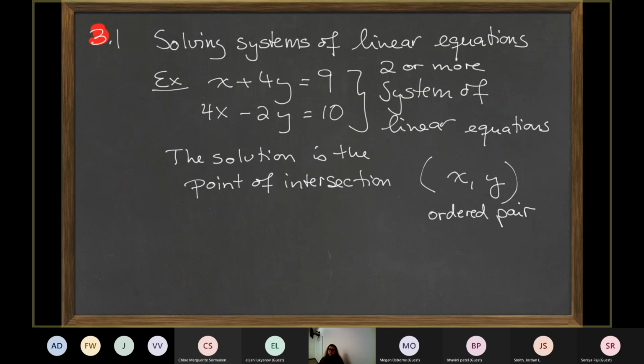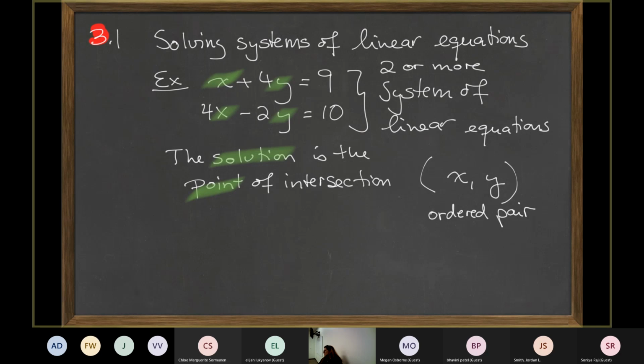And here's an example. I made that up. x plus 4y equals 9 and 4x minus 2y equals 10. That is a system of linear equations. You see that those linear equations have two variables, and the solution is the point where they both intersect.